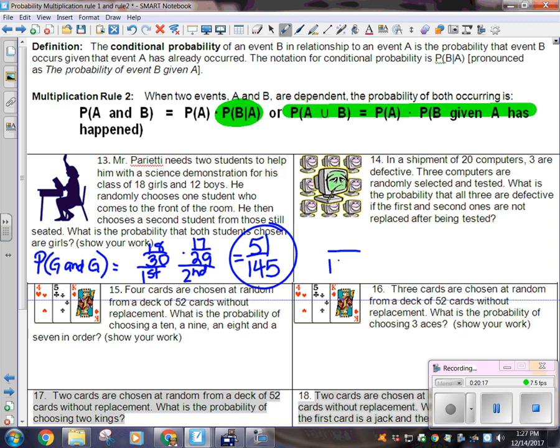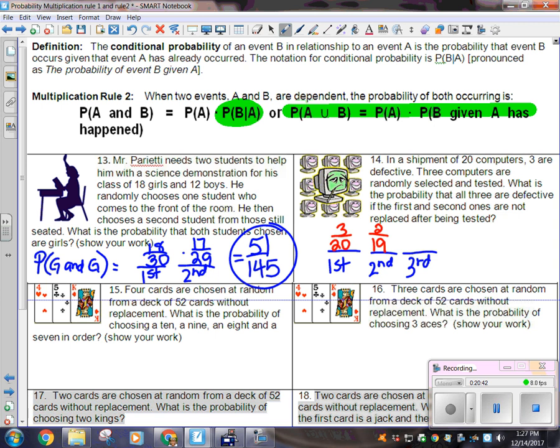You got it figured out? First, second, and third. Write it out. What are my chances the first time? I got 3 computers out of 20. What about the second time? If I successfully got a defective one, how many are left? There are only 2 left that are defective, and now there are only how many computers left? 19.